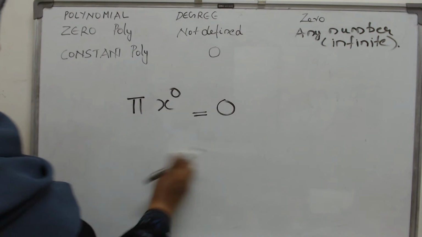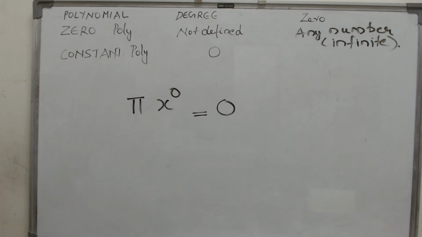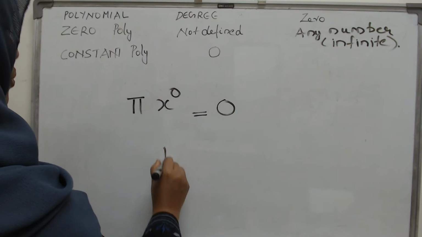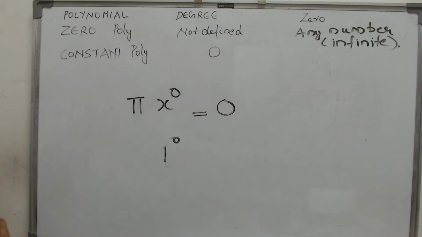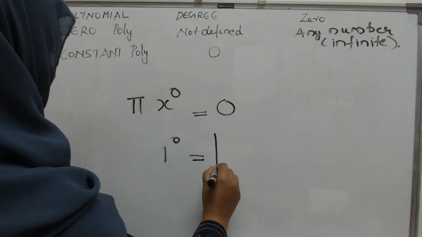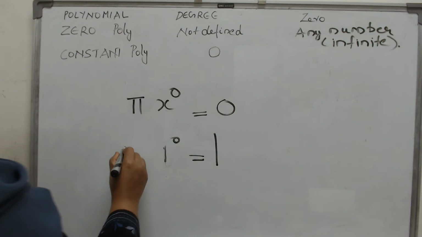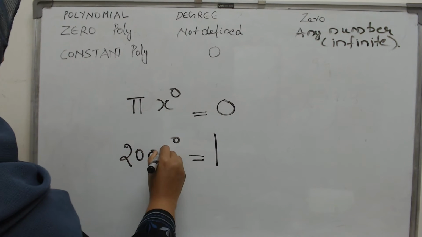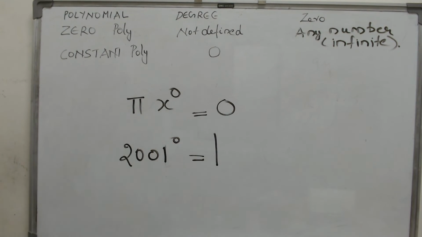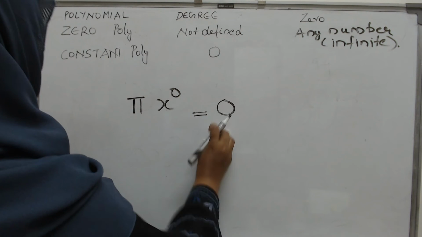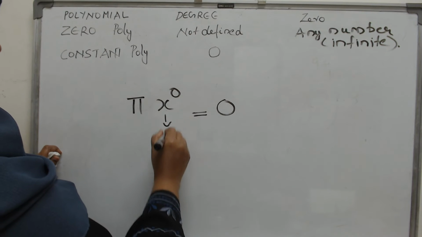Instead of that, put any non-zero number that you can think of, 1 or 2 or 9 or 100 or whatever number you put here, the answer will still be only 1. Think of 9 or 2001 or whatever raised to 0, it will still only be 1.